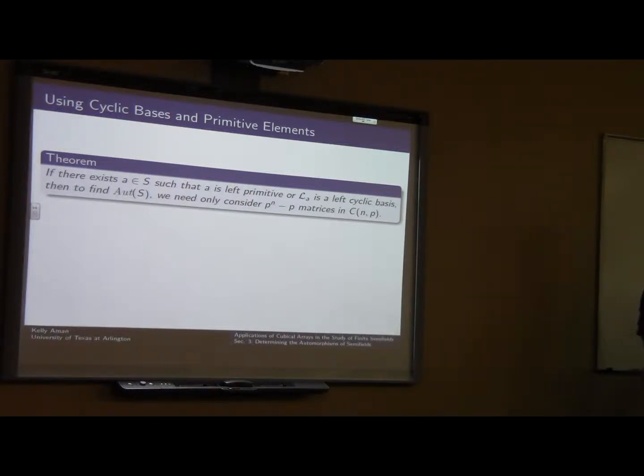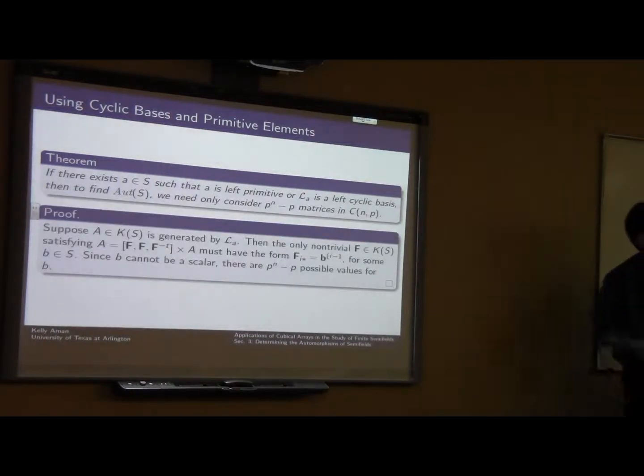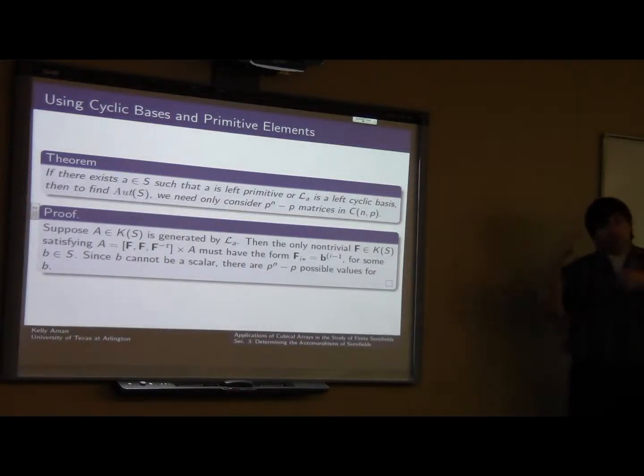And to prove this, basically the argument is, let's say you've got that cyclic basis, and you use that to generate your cubical array. Then since your automorphism is going to have to map it to itself, any other basis that generates that cubical array is also going to have to be a left cyclic basis.